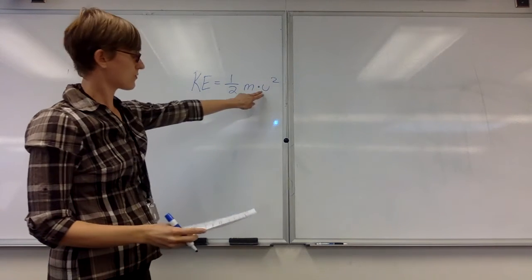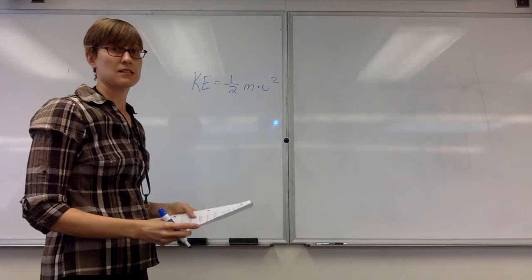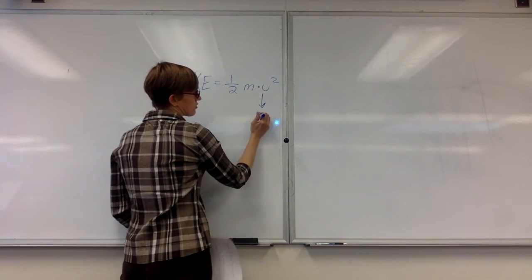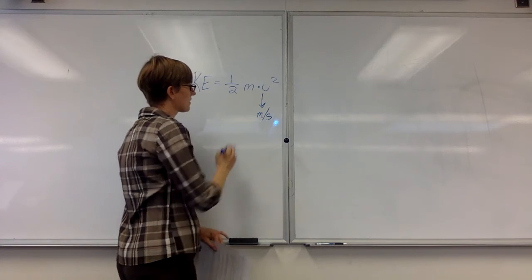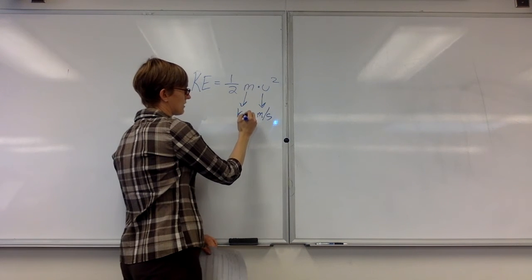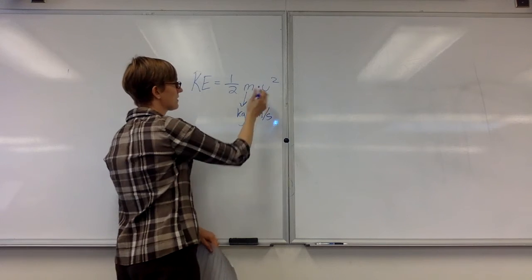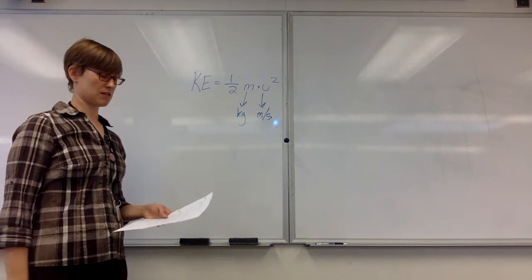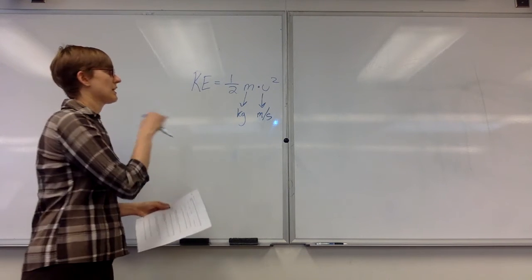The V stands for velocity, and velocity is basically your rate or your speed, and we measure that in meters per second. Mass, we measure in kilograms. And we don't need the constant due to gravity. Remember, G equals 9.8, but you don't need that for your kinetic.